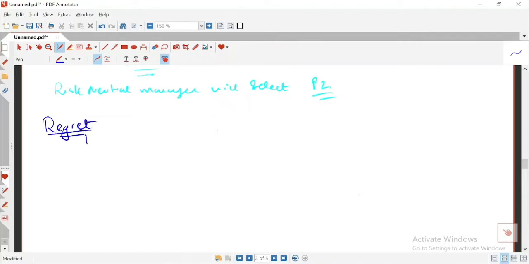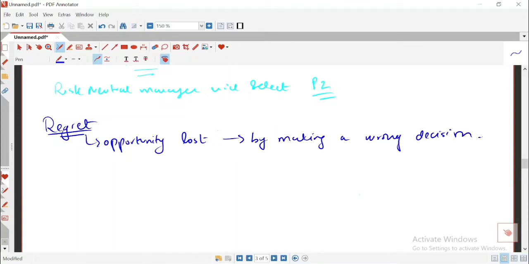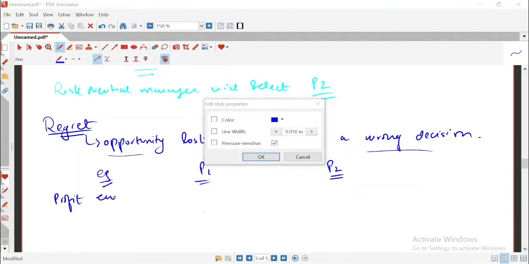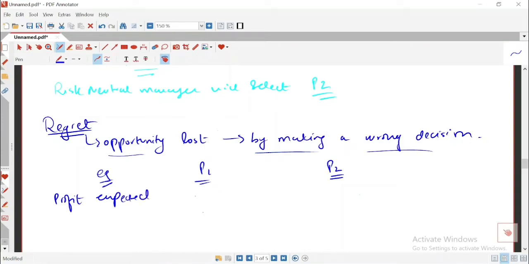Regret is basically the opportunity lost by making a wrong decision. अच्छा, रिग्रेट ऐसे होता है कि फॉर एग्जाम्पल यू हैड प्रोजेक्ट 1, प्रोजेक्ट 2, ठीक है. प्रोजेक्ट 1 प्रॉफिट एक्सपेक्टेड क्या था? प्रोजेक्ट 1 का प्रॉफिट वाज पॉजिटिव 1000 एंड इसका वाज 800. सो बेसिकली रिग्रेट का मतलब होता है कि जो आपने अगर रॉन्ग डिसीजन लिया है तो उसके आपने क्या अपॉर्चुनिटीज लूज की हैं.